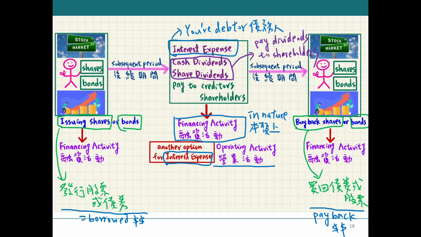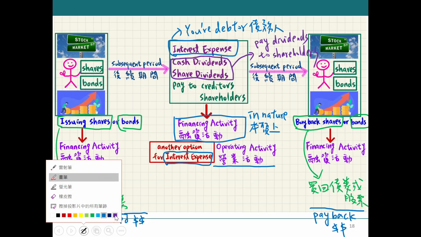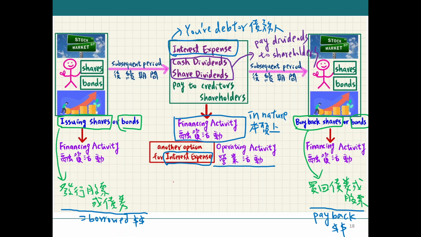Because cash dividends, where could we find dividends? Equity. Did you find dividends expense, or cash dividends, on the income statement? No. So here we give you another option only for interest expense, not for cash dividends.